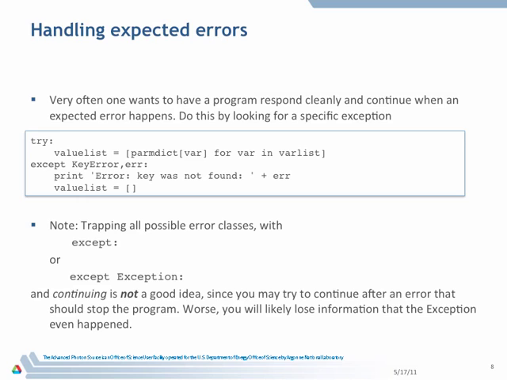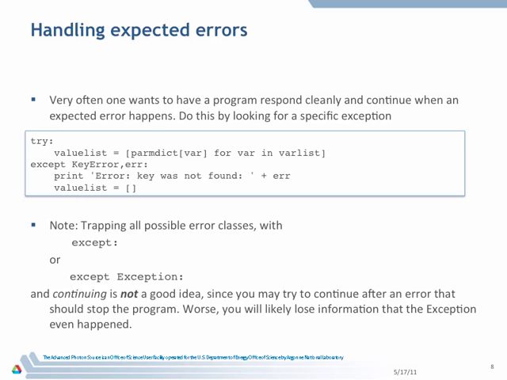I don't suggest on a regular basis that you use except either with no error class or except on Exception and then just continuing. That's not a good idea because you don't know what error is going to occur. So do you really want to ignore it? It's better to, when you can, trap for a specific error or a specific set of errors and then respond to those.